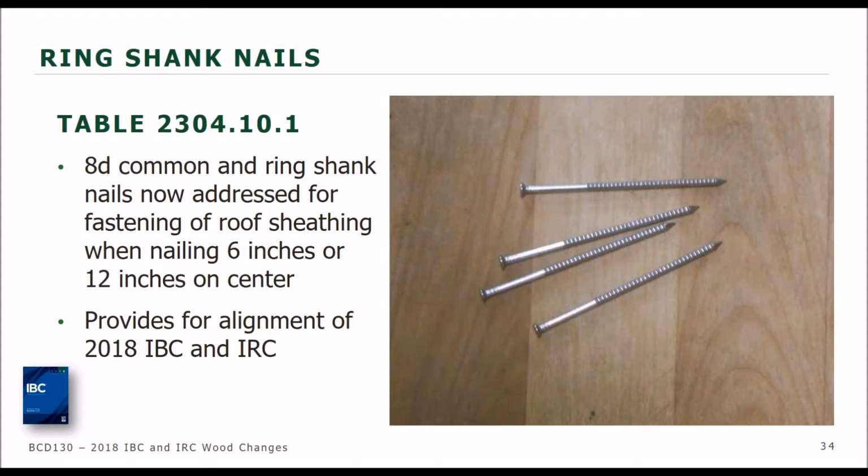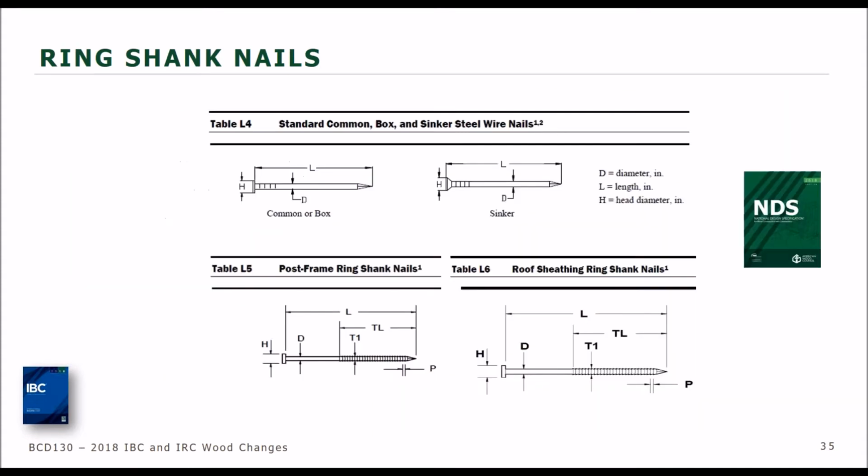And this was included to have an alignment between the IBC and the IRC, as well as to meet the requirements related to wind uplift on the roof sheathing. And we'll mention this more in the next slide.